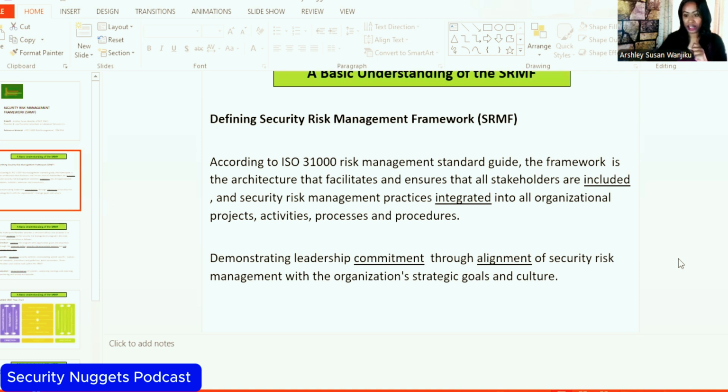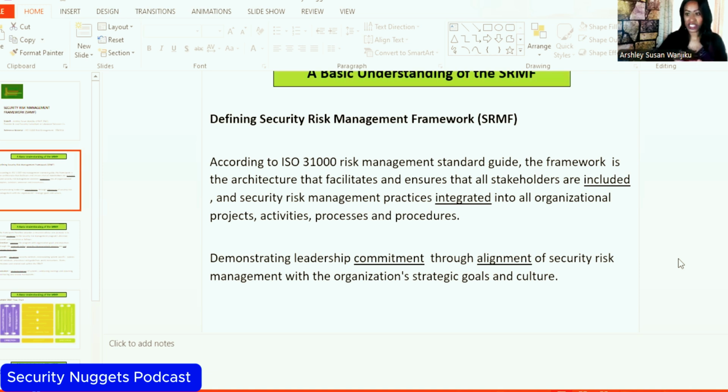Now, I want you to take note of what I have highlighted in this definition. I have highlighted "included" because that is what the security risk management program is all about, and it needs to factor in inclusion. Who is being included in the program, and how will they be included?